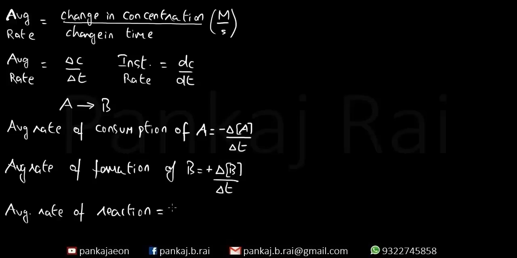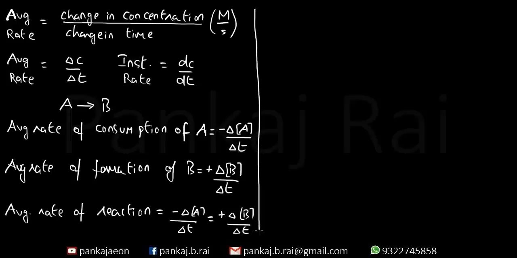So rate of reaction can be represented in either of the terms: rate of reaction is the same as rate of consumption of A, which is also the same as rate of formation of B. So average rate of reaction can be written as minus change in concentration of A upon change in time, which is also the same as plus change in concentration of B upon change in time. Just in case you have to mention instantaneous rate of consumption, formation or reaction, you just have to replace delta by d, and that would be the instantaneous rates.